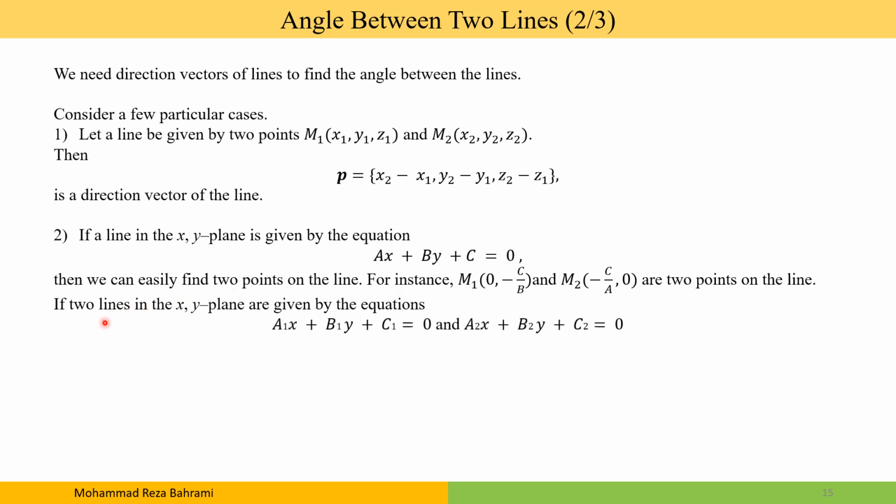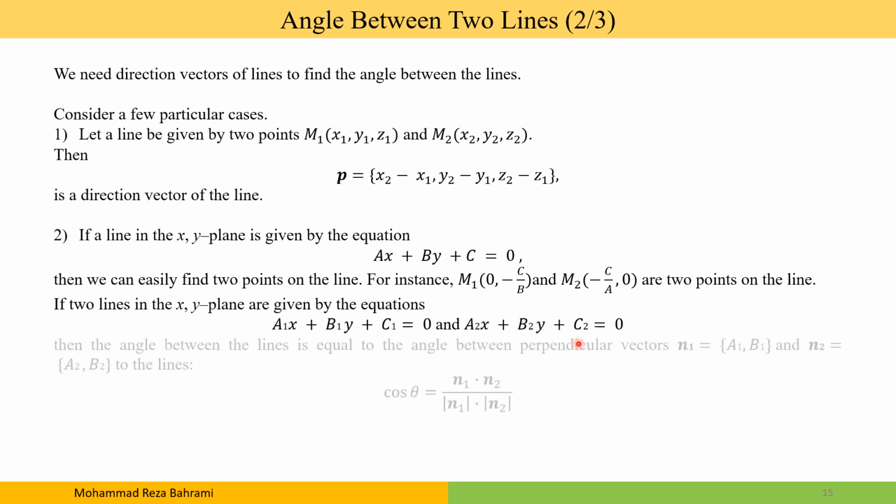So if two lines in the xy plane are given by the equations a1x plus b1y plus c1 equals 0, and this one is for the second line, the angle between the lines is equal to the angle between the perpendicular vectors n1, with coordinates a1 and b1, and n2, with coordinates a2, b2.